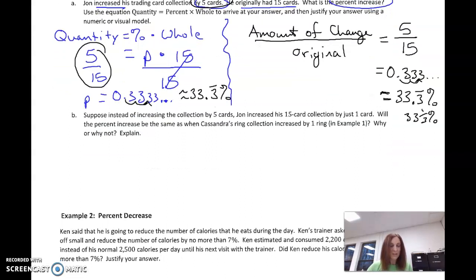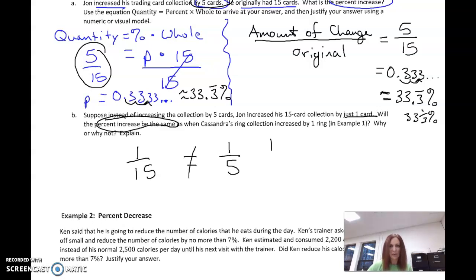Now, suppose instead of increasing them by 5 cards, he increased by just 1 card. Will the percent increase be the same as when she increased it by 1 ring? Okay, so if we take this again, amount of change. If he's increasing 1 card out of the original 15, is that the same as Cassandra, who increased 1 ring out of 5? Okay, do 1/15 and 1/5 equal each other?